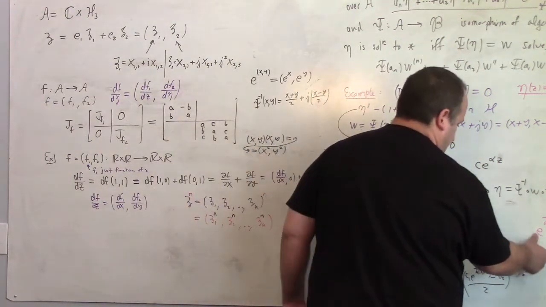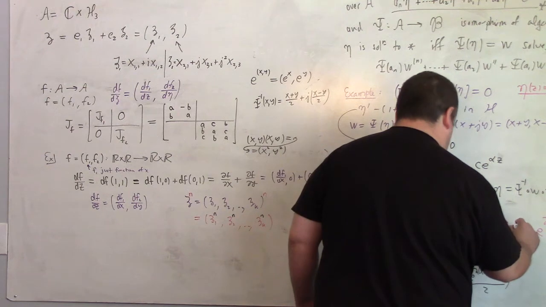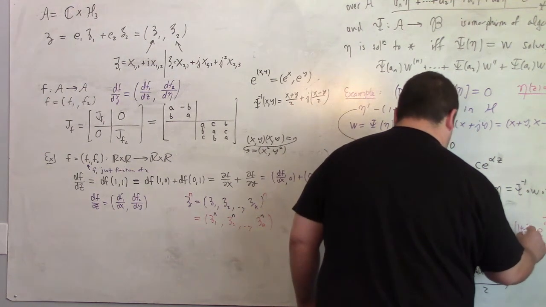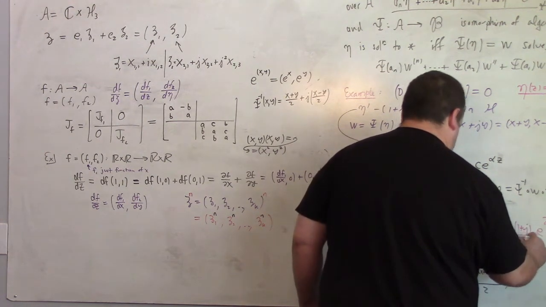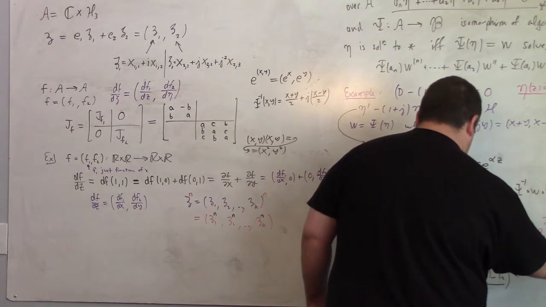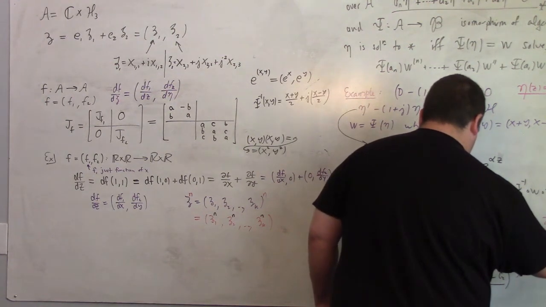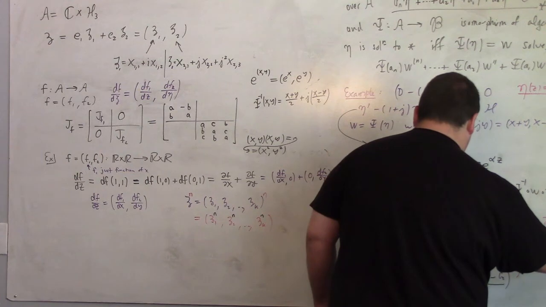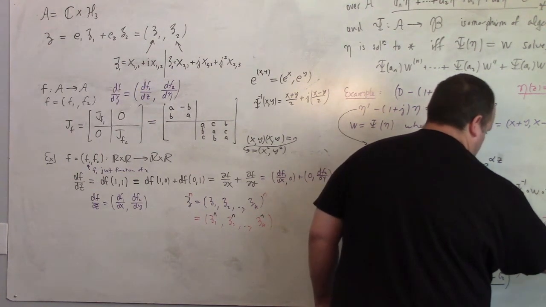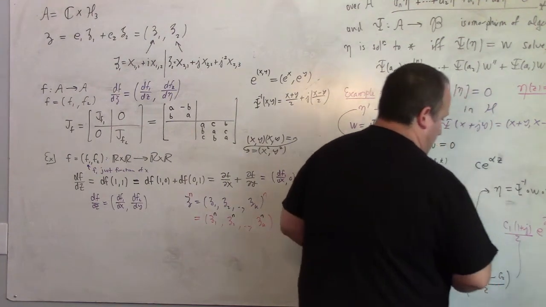C1 times 1 plus j divided by 2, plus C2 times 1 minus j over 2.